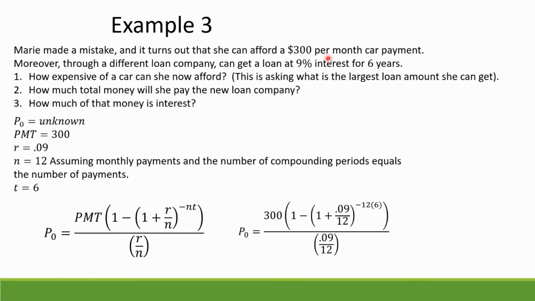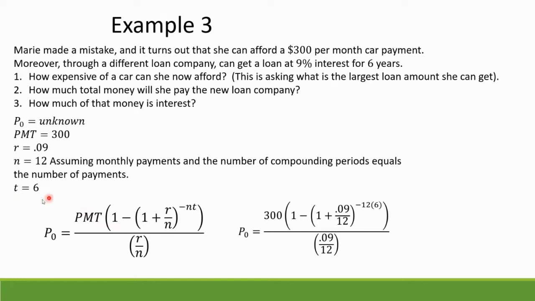Since we're making monthly payments, the number of compounding periods is 12. Again, it's compounded as often as we make payments or withdrawals. T is 6, that's how long this is going on for.